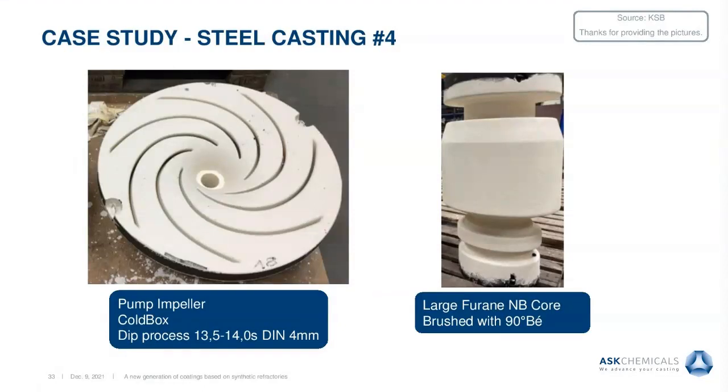And here's another case study. Thank you very much, KSB, for providing us with the pictures. We see a pump impeller made out of cold box, and this was dipped in a Solitec ST802 with a viscosity of 13.5 to 14 seconds, and a large furane Novabond core, which was brushed at 90 degrees Baumé.